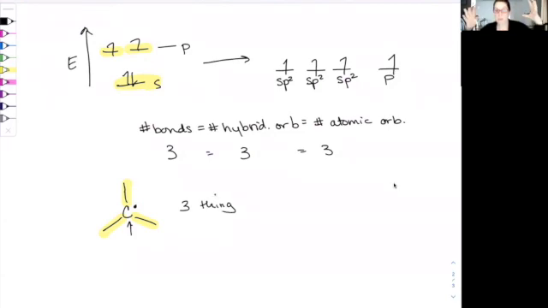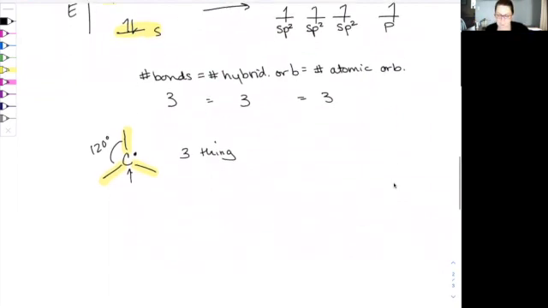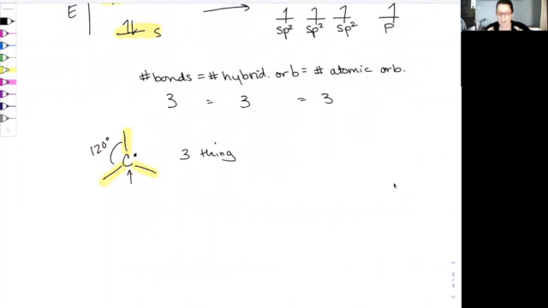So we want to spread those out as much as possible, so that we get 120 degrees. You don't have to worry about remembering that specific angle. The way that we know to make sp2 is because we need to make 1 hybridized orbital for every one of these bonds that are attached.